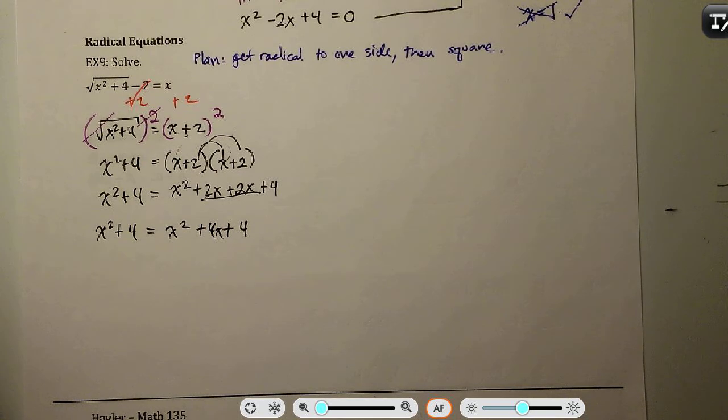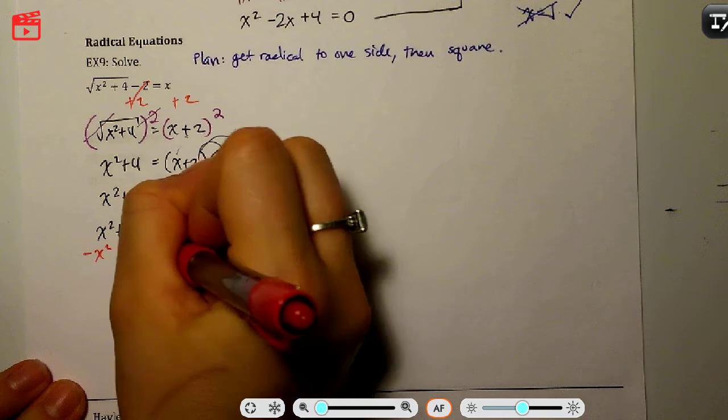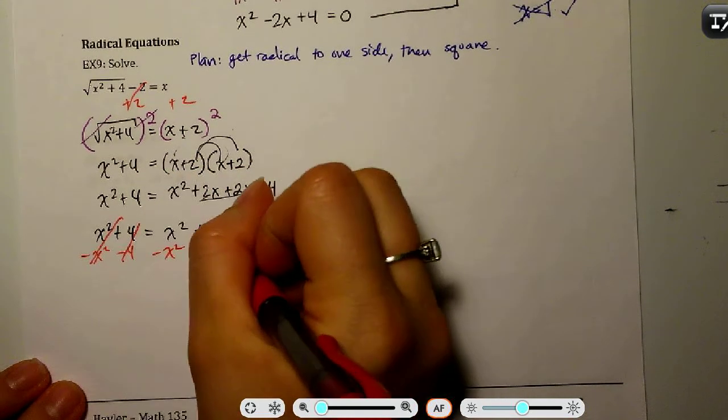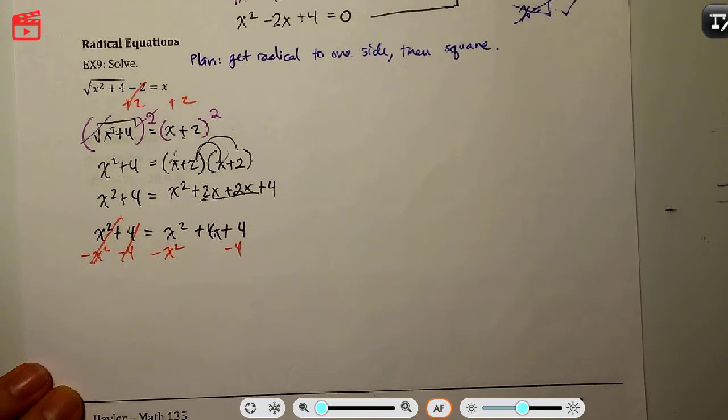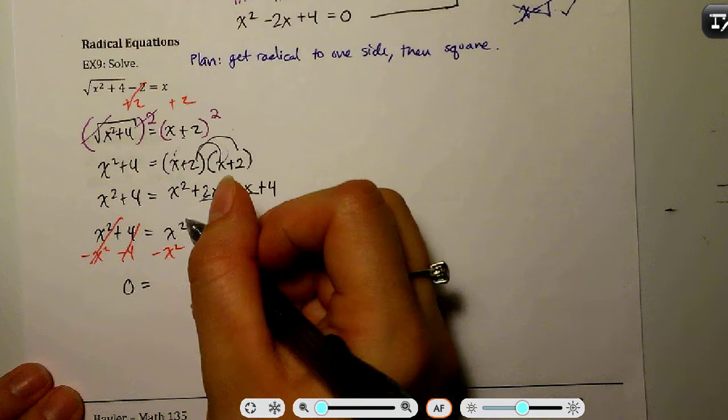Okay, so this is quadratic now, which means we're going to, let's see, set this equal to 0. So I'll move these guys to one side. Minus x squared, minus 4, minus 4. And we get 0 equals, oh, look at that.